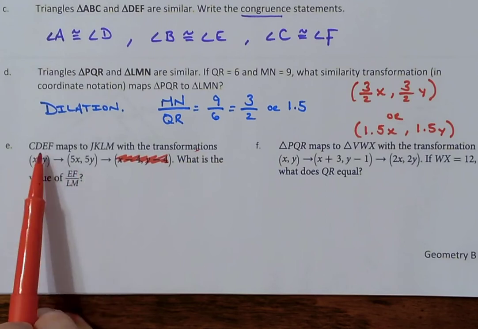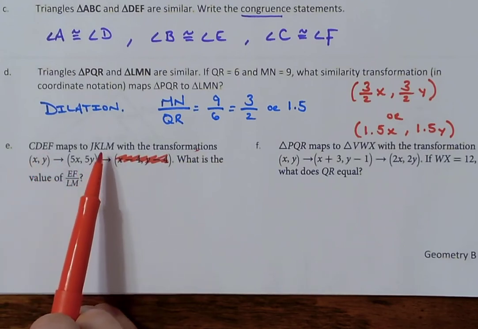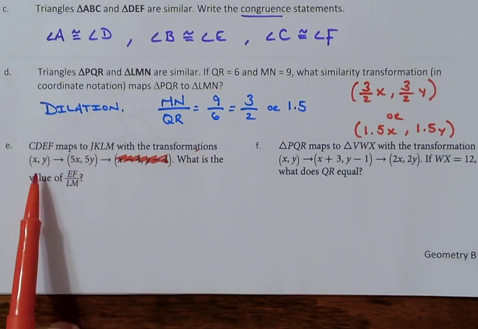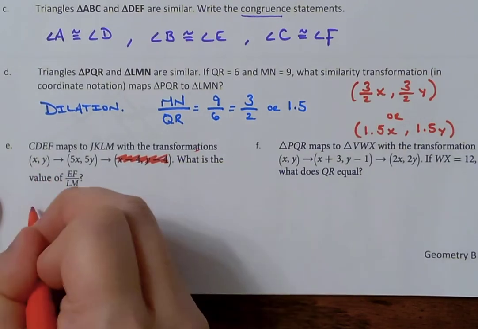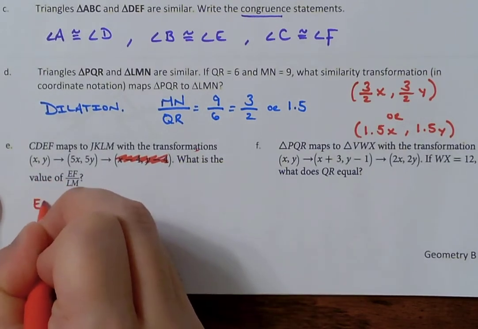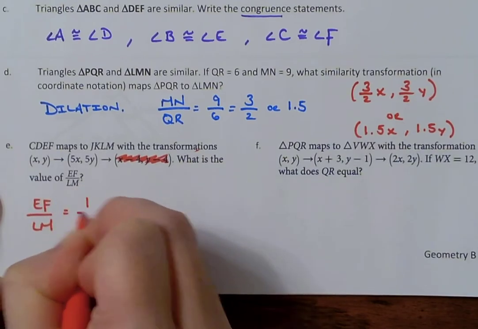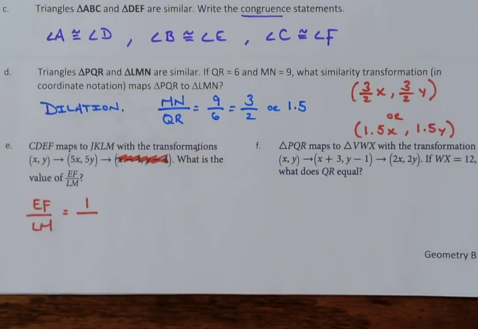EF is from the first statement, and LM is from the second. So EF is going to be the original transformation, this xy. So that means we're going to represent EF as 1, because there's that hidden 1 in front of the x and y.